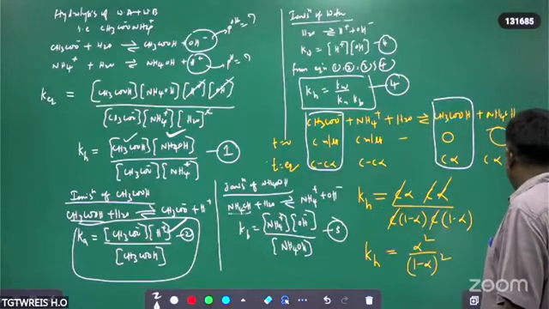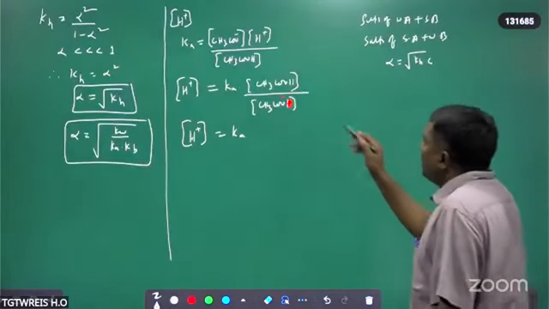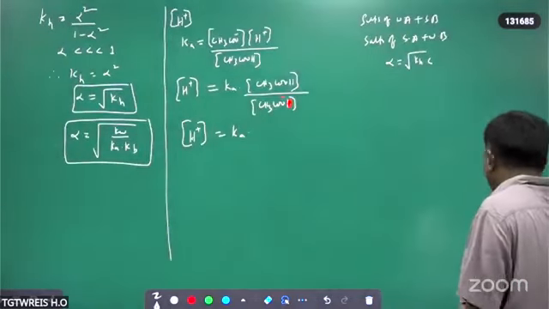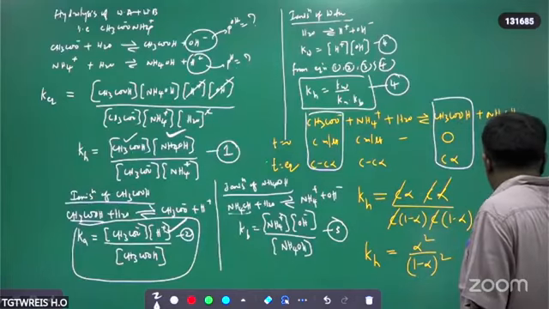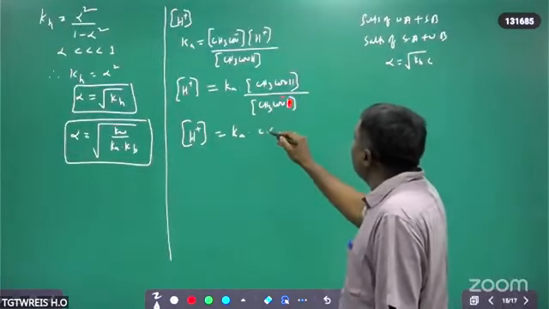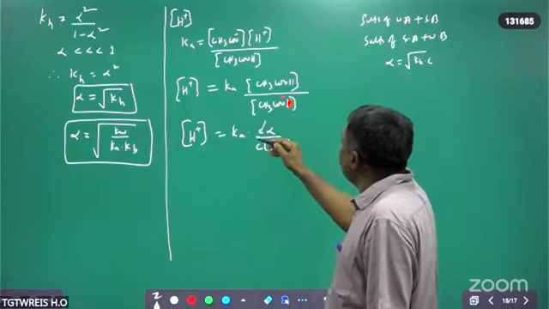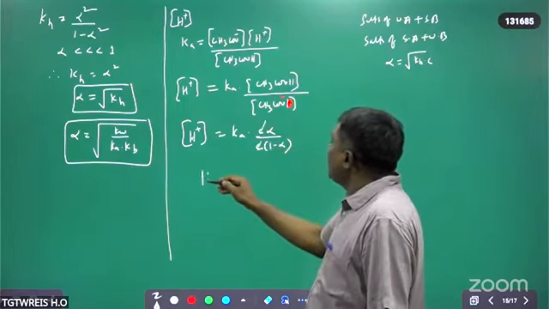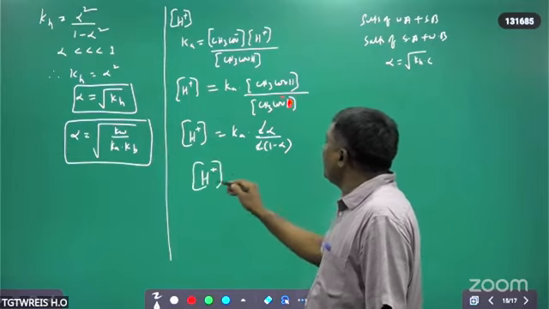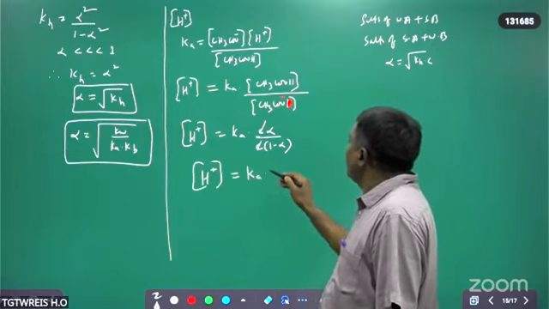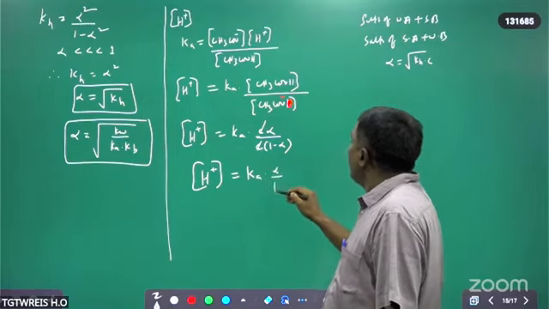So acetic acid concentration is C alpha. So C alpha by C into 1 minus alpha. C gets cancelled. Therefore, H plus ion concentration is equal to Ka into alpha by 1 minus alpha.